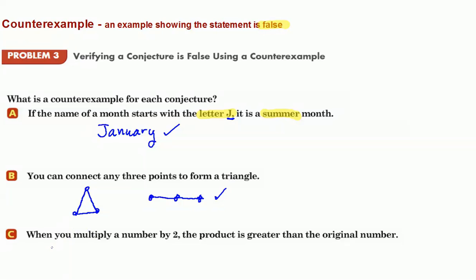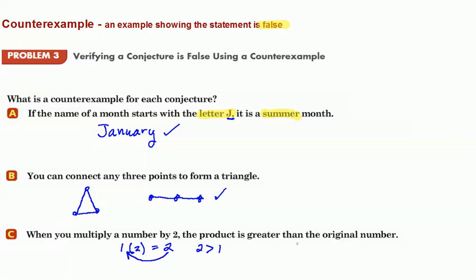For C, when you multiply a number by 2, the product is greater than the original number. So I'll start with 1. My number is 1, and I'm going to multiply that times 2, and I end up with 2. Well, this one works because my number is 1 and the product is larger than the original number, which is a 1, which 2 is greater than 1.